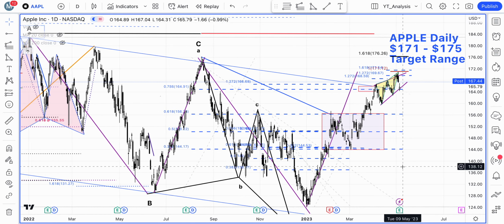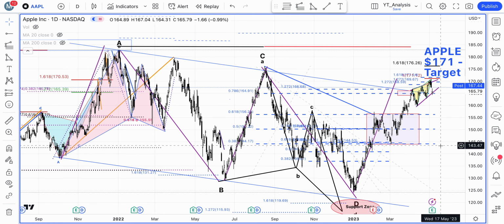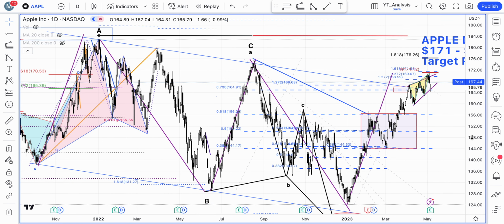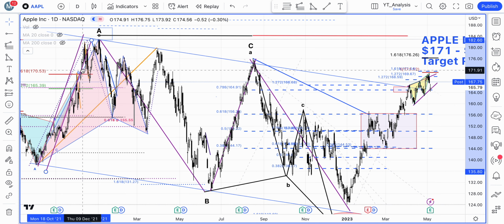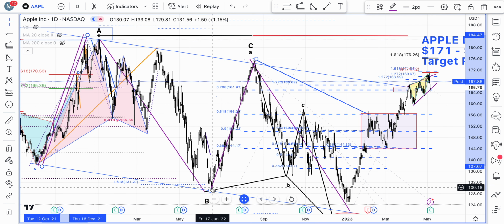So what I had also talked about was something which I really like to follow on this channel, the market symmetry, which is a concept that markets repeat over and over again. And we have a symmetry in this Apple stock, and what it is basically, if I take this purple line and we measure this move from the bottom to the top, it was pretty much this much in amplitude, and then we had a pretty nice sell-off.